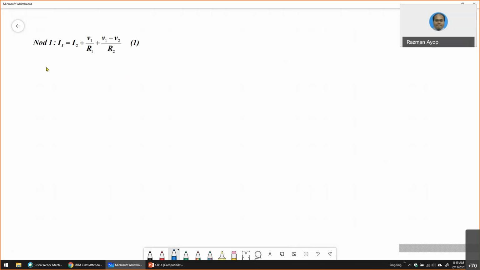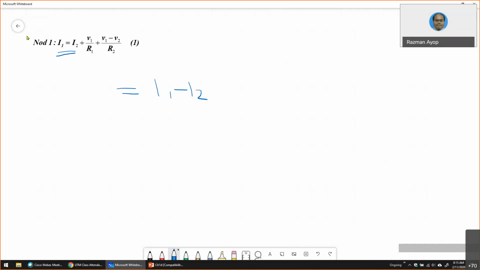So how to simplify this? First, this one is the current source, which is a constant, not a variable. So you put everything at this side, I1 minus I2.